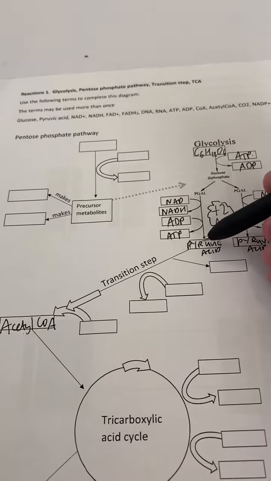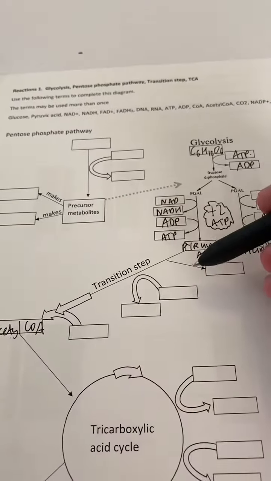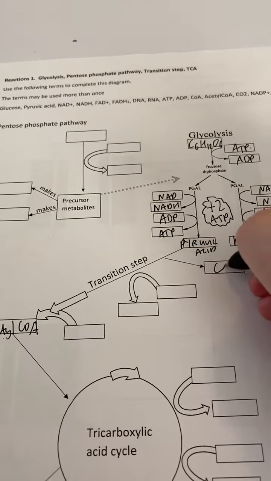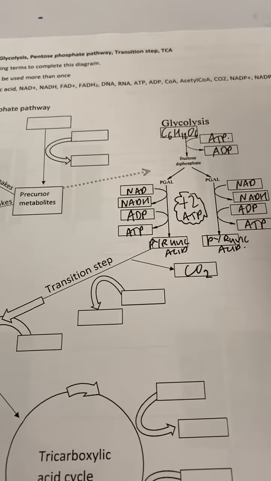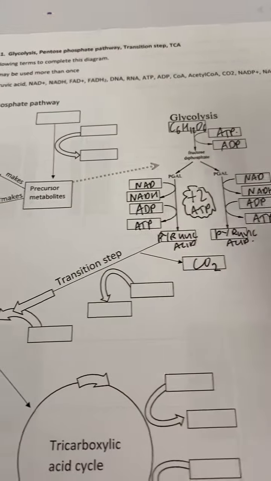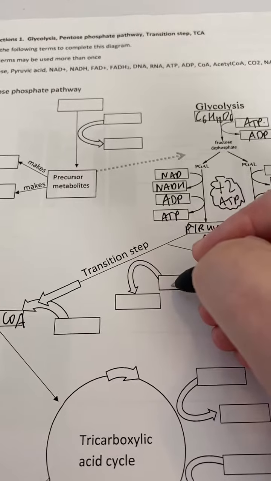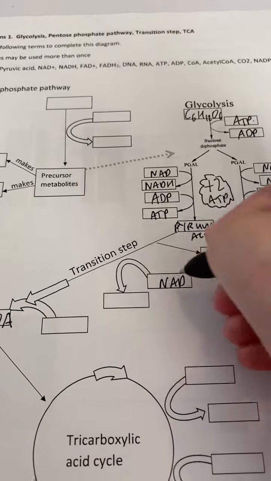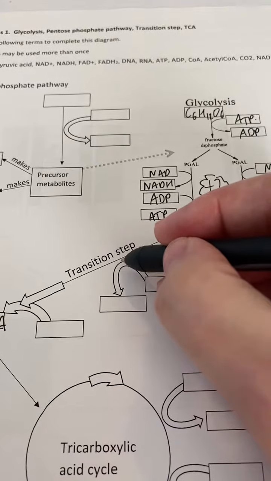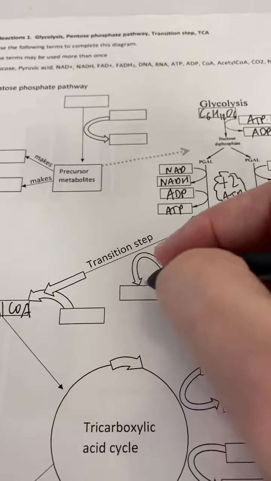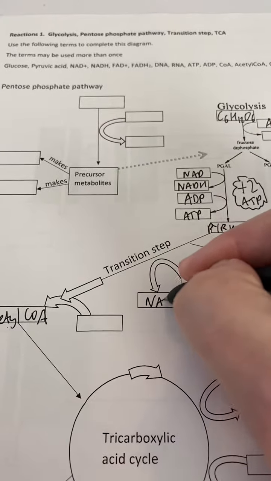As our pyruvic acid gets broken down, we lose a carbon dioxide molecule. And then we have more electron acceptors coming in. NAD comes in, picks up electrons and hydrogens, leaves as NADH.